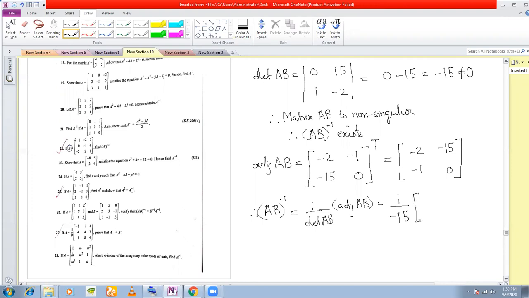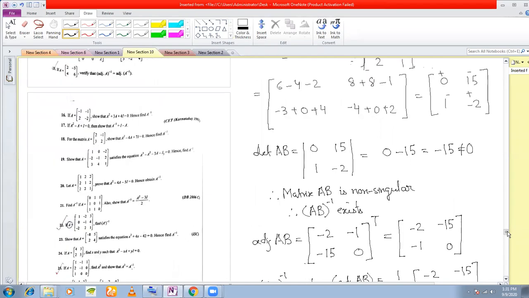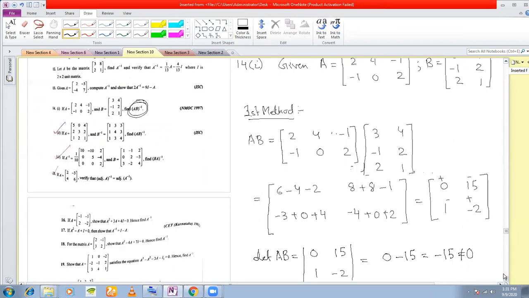Minus 15 times minus 2, minus 15, minus 1, 0, which is minus 1 by 15 times this matrix, minus 2, minus 15, minus 1, 0. And if you multiply the minus inside, this will become 2, 15, 1, 0. So AB inverse, this we have found out by the first method, right?